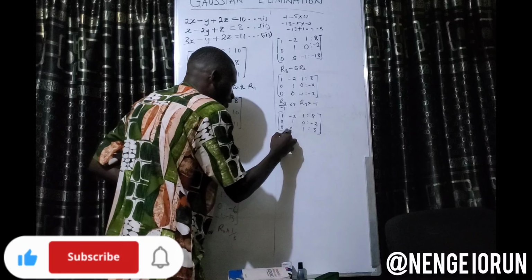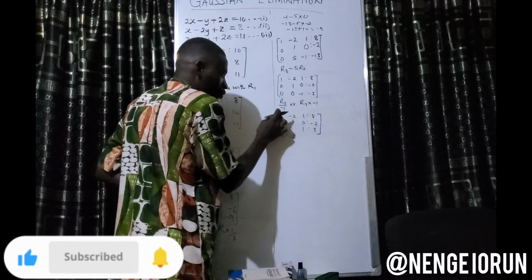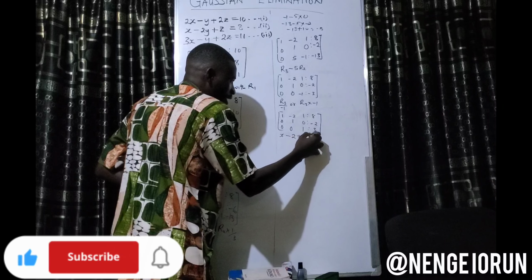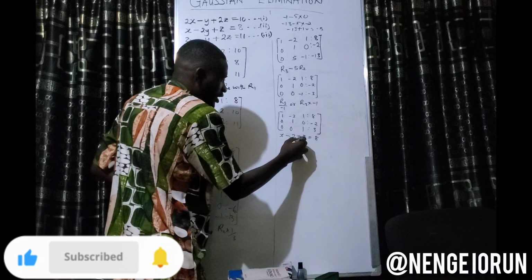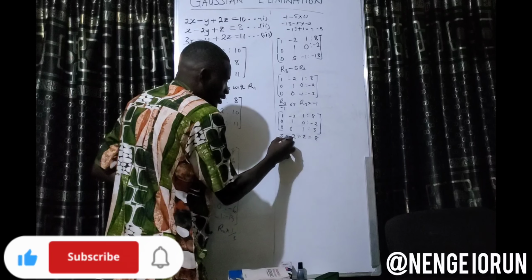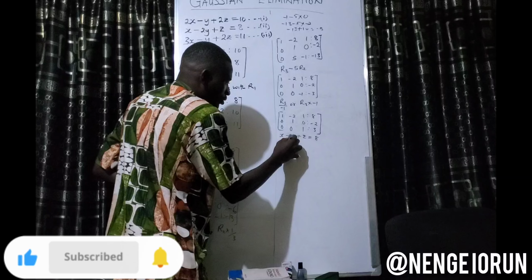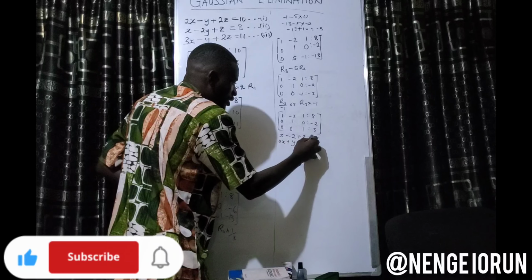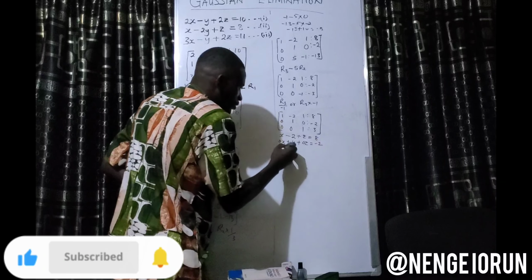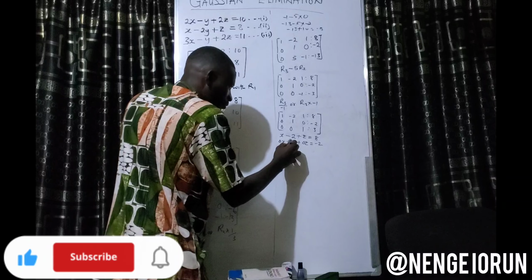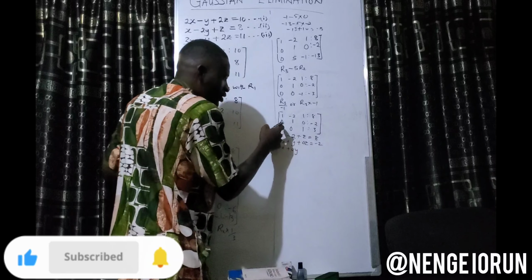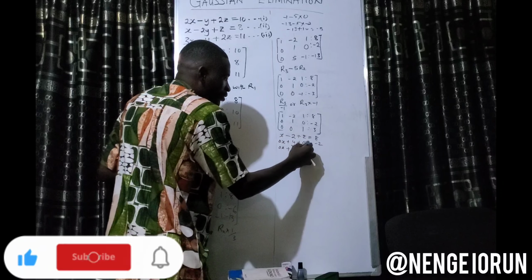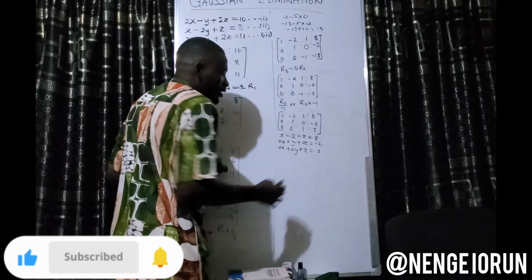So here you have x, negative 2 plus z is equal to 8. Then here you have y, x plus 0z is equal to negative 2, and on the last row, 0x plus 0y, because you don't have anything here for y, plus z is equal to 3.